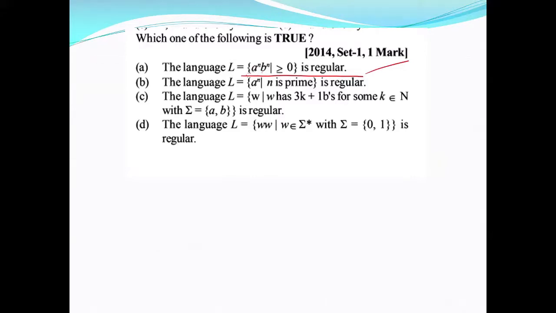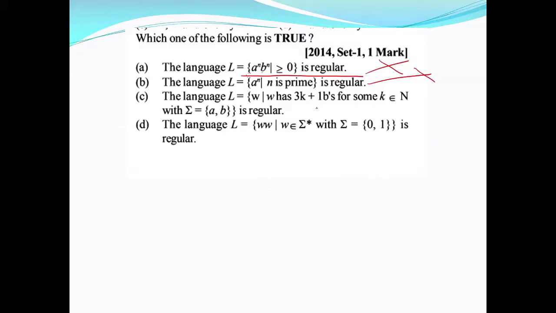You need to remember how many A's are there and then compare it with the number of B's. So this is not possible with FA. So this is not regular. And the language A power n where n is prime is also not regular. So this is false because we have proved it. And for the prime numbers there is no pattern. So we have to remember an infinite number of A's. So this is not possible.